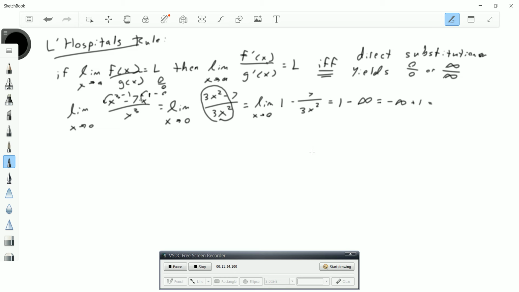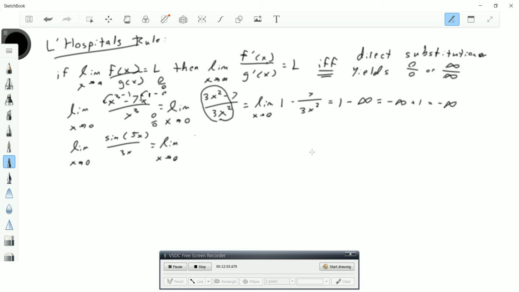Let's try a different one. I don't really like that one turned out to be negative infinity. Let's do the limit as x goes to 0 of sine of 5x over, say, 3x. Now, if you directly substitute, you get sine of 0, which is 0, over 3 times 0, which is 0. So you get 0 over 0. So by L'Hopital's rule, this is equal to the limit as x goes to 0 of, now, the derivative of sine of 5x is, right, the derivative of sine is cosine, and the input stays the same.